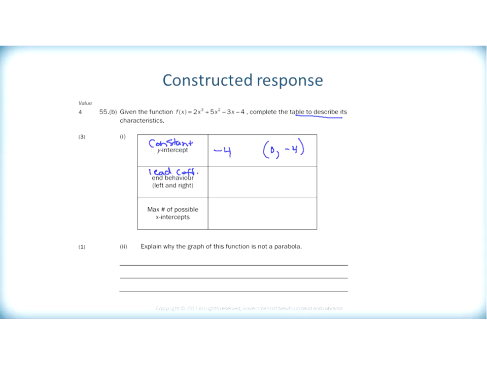Since it's a positive leading coefficient, the shape of the graph would look something like this, an N-shaped graph. It goes from quadrant 3 to quadrant 1.